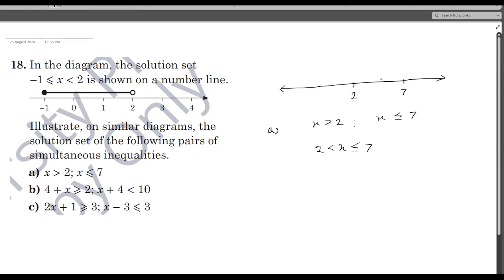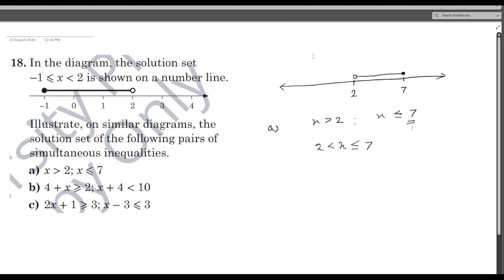So what I will do, I will start from 2 and I will come to the 7 and here I will fill. Okay, so this filling indicates that we are also considering 7 as a part of the solution, and this empty circle indicates that 2 is not a part of the solution.